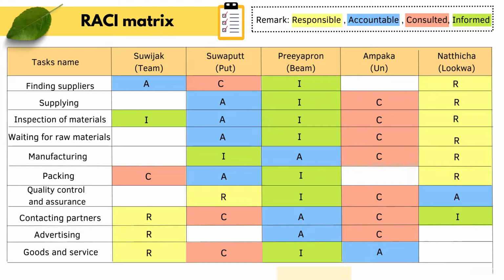For the RACI matrix, we assign the collective responsibility of each member from more to less according to responsible, accountable, consulted, and informed.